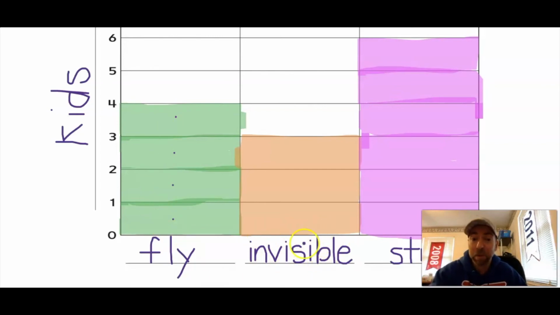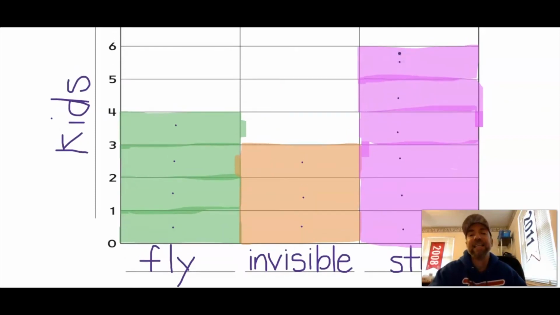I can count the bars above it. 1, 2, 3 voted to be invisible. And the same thing with strong. How many students voted to be strong? 1, 2, 3, 4, 5, 6. And I can even go to the very top of the bar. And I can go across, and there's the number 6.